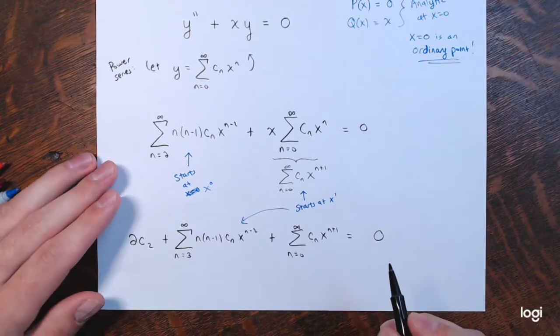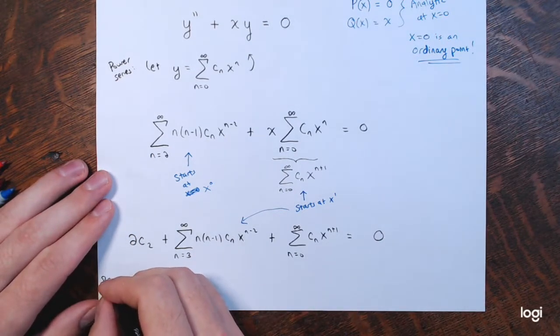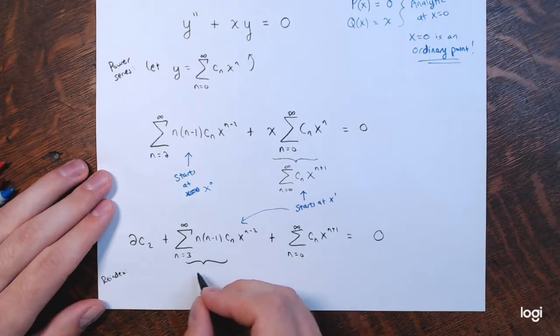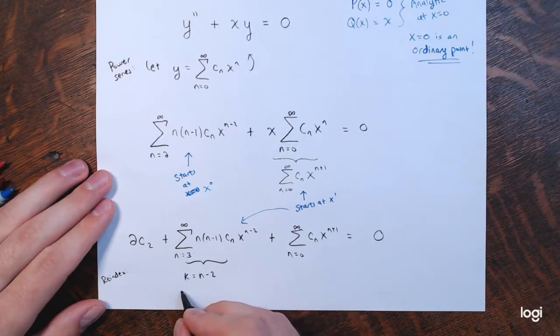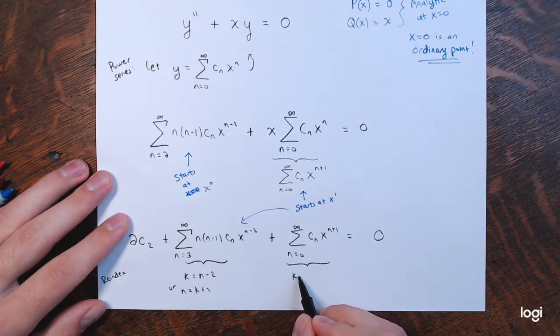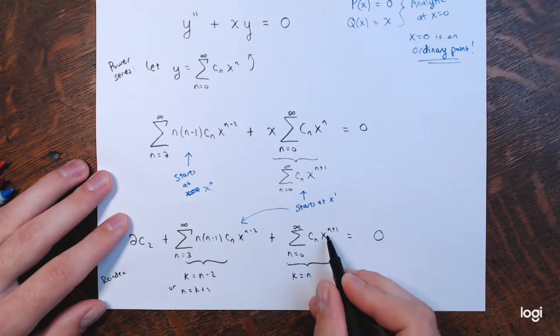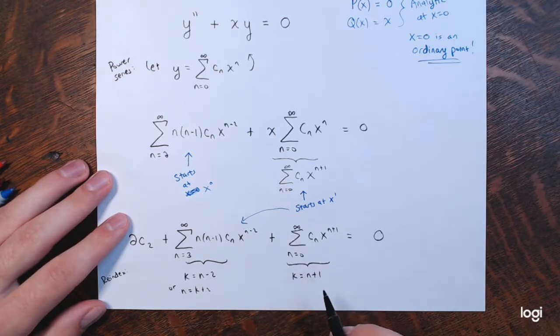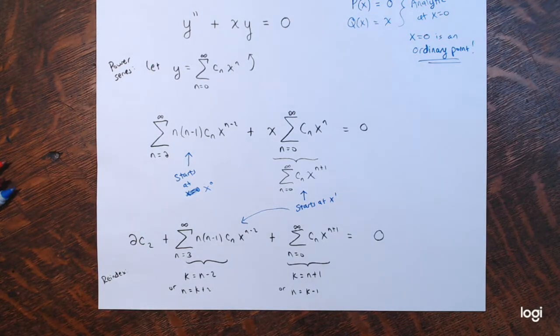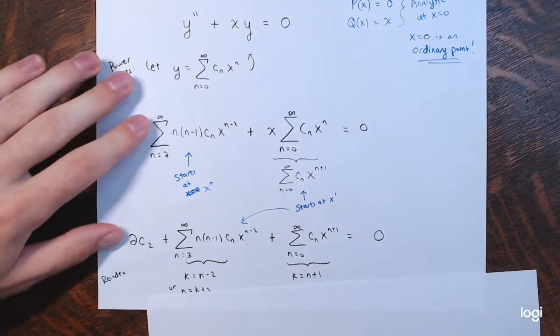All right, so now I'm going to re-index as before. In this series, I'm going to have k replace n minus 2, which means that n is k plus 2. And in this series, I'm going to have k replace n plus 1, right, with these powers on x, or n is being replaced by k minus 1. Same thing. All right, now if I do this, we can combine the series.